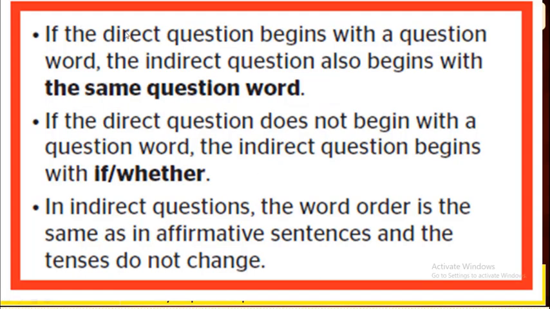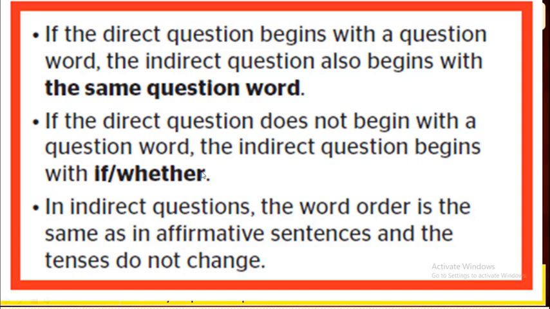So, if the direct question begins with a specific WH question word, the indirect question also begins with the same question word. And if the direct question does not begin with any of the known question words, the indirect question begins with if or whether.